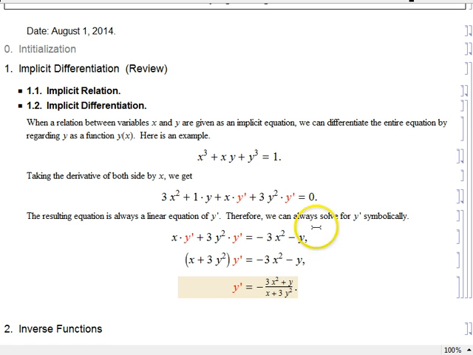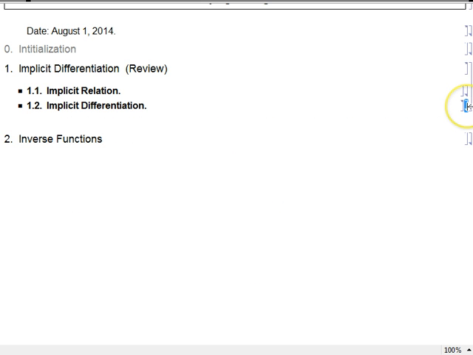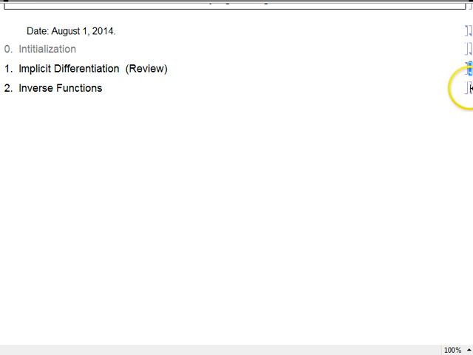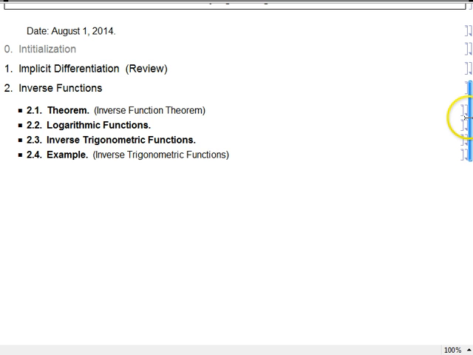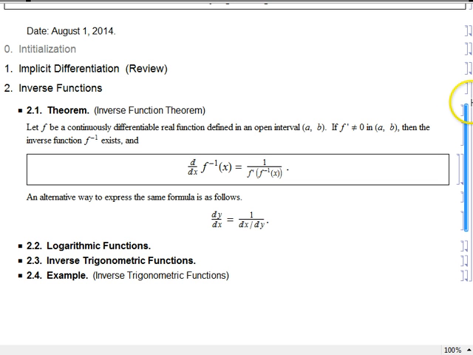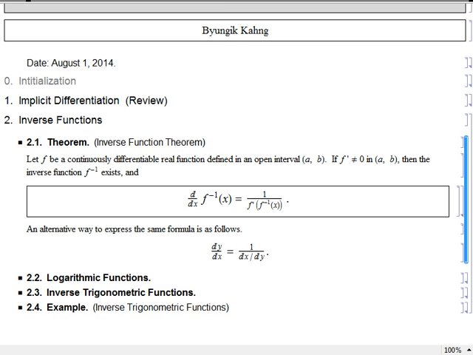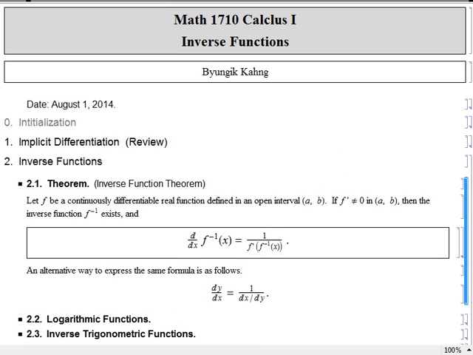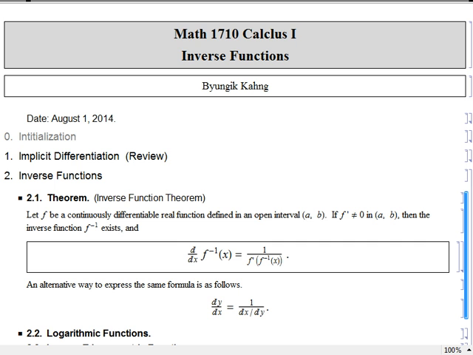Now, the kind of computation we are going to do for inverse functions will be a lot simpler than this one. So please be assured it's not going to be too difficult, even though we're going to do some proofs. Here is the general theorem for inverse function, the derivative formula for inverse function in general.